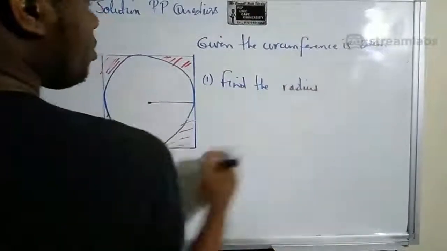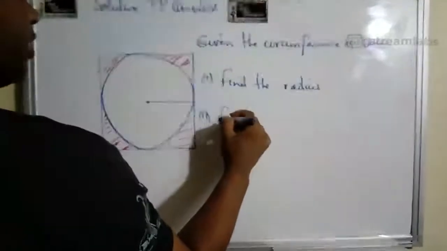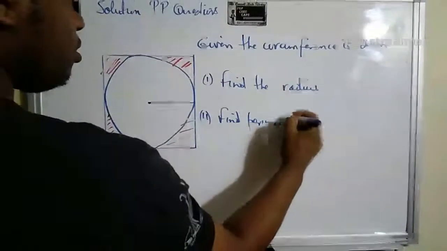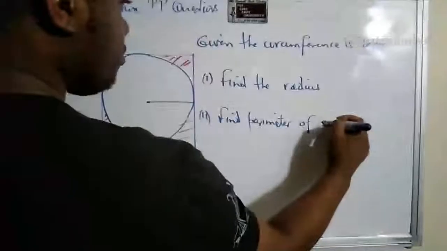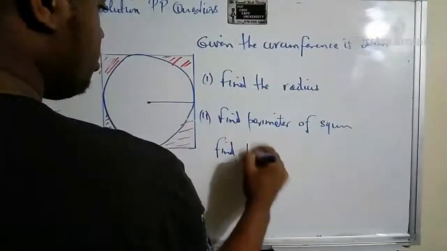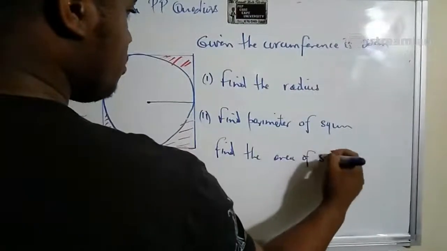So that's the first one. And 2 says find perimeter of square, and then it says find the area of the square.